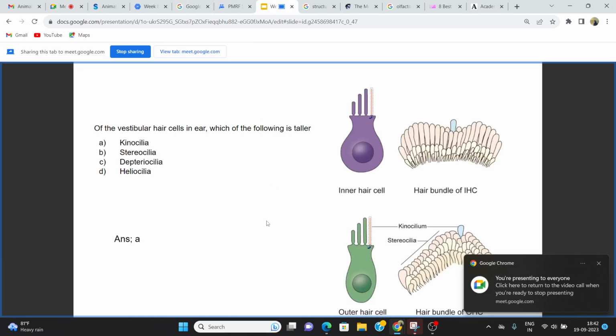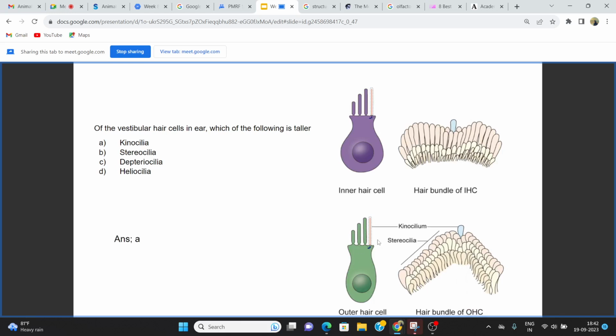Yeah, so this is the figure. You can see here, right? The long cilia is called kinocilia. And the multiple, abundant shorter ones are called stereocilia. So next question also it's important. So just keep this in mind. Longer one is kino and smaller ones, multiple ones are stereo.